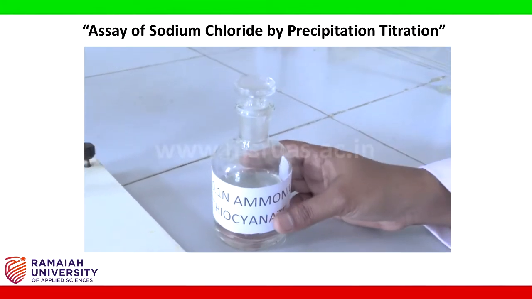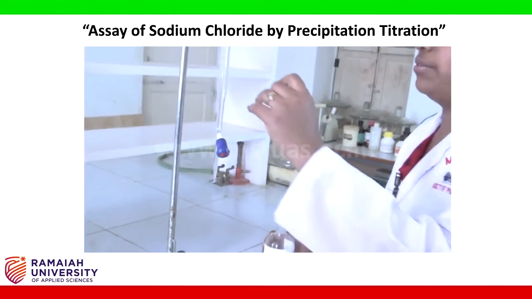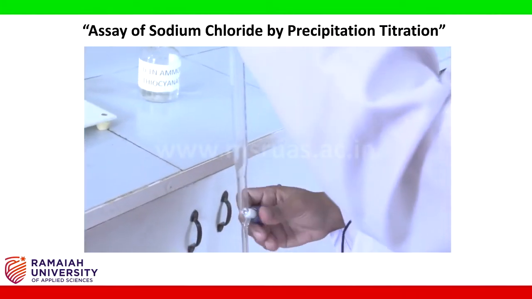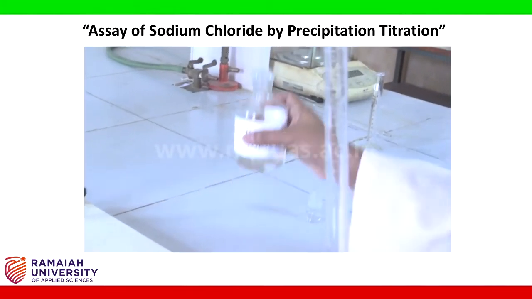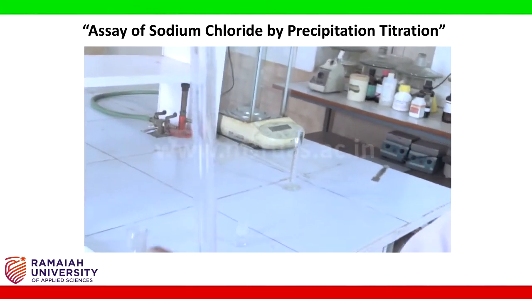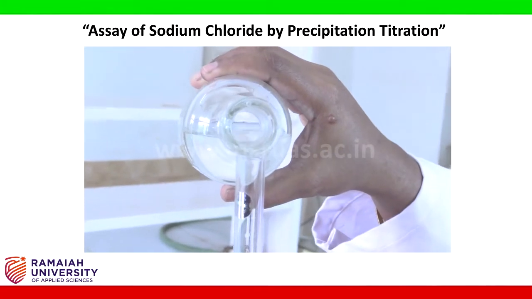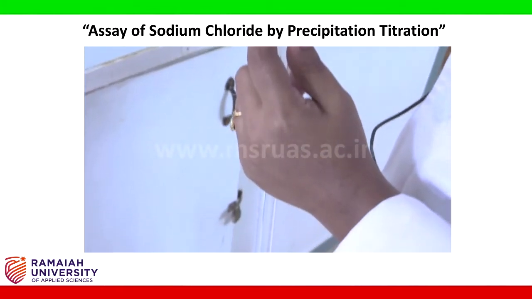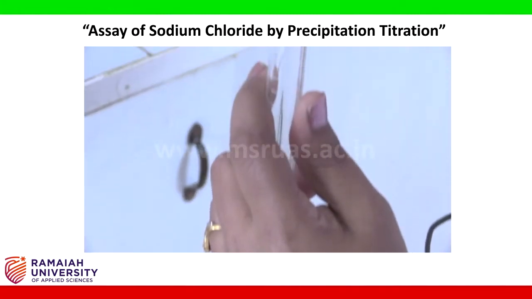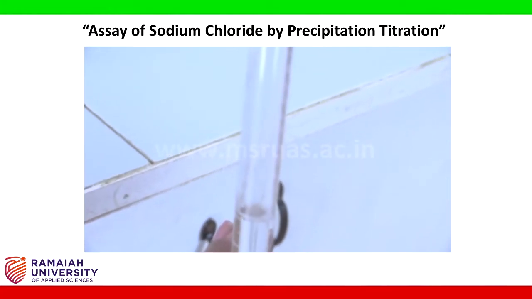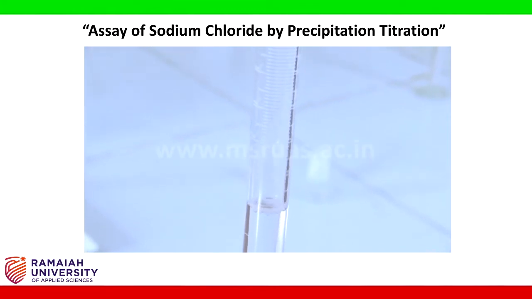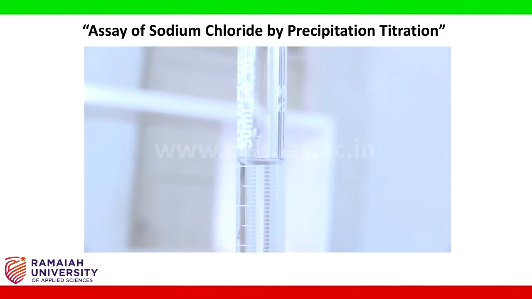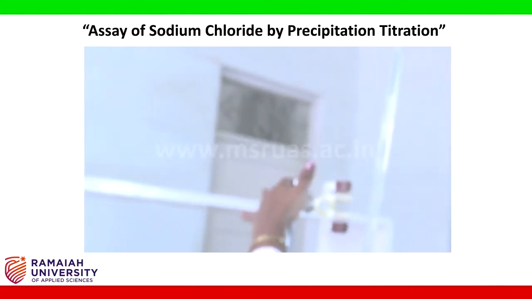Fill the burette with 0.1 normal ammonium thiocyanate solution up to the mark and then keep it in the burette stand.